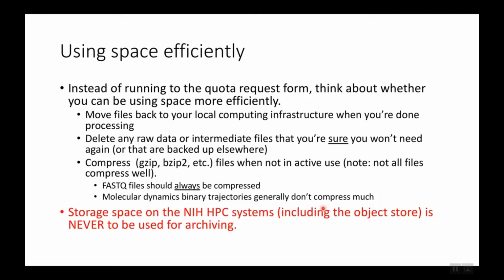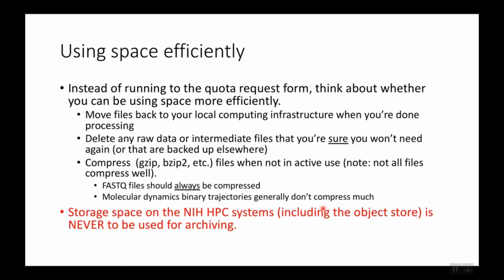There are some types of data files that should always be compressed. For example, FASTQ files, which contain raw sequencing data, should always be compressed. In fact, many genomic software packages can deal natively with gzipped FASTQ files, so you don't even have to uncompress them to use them.